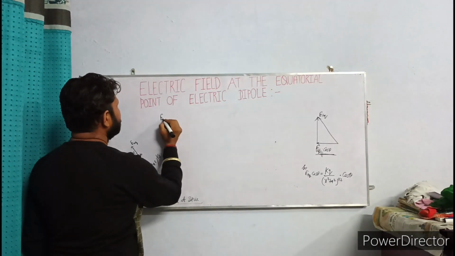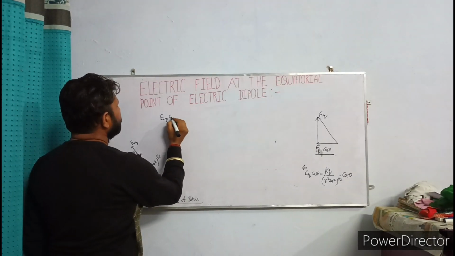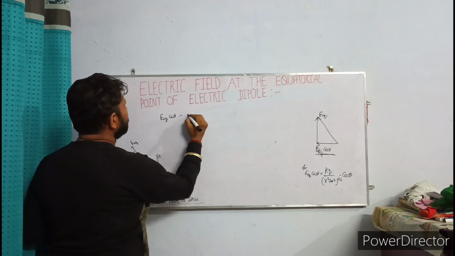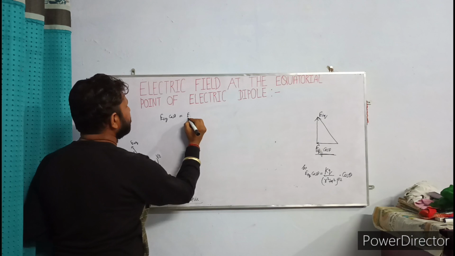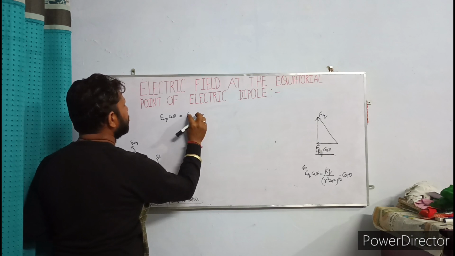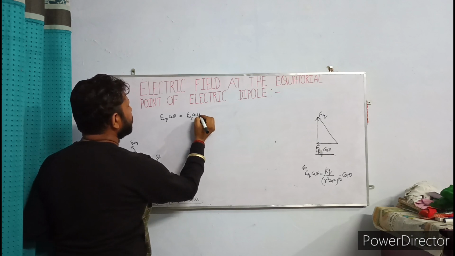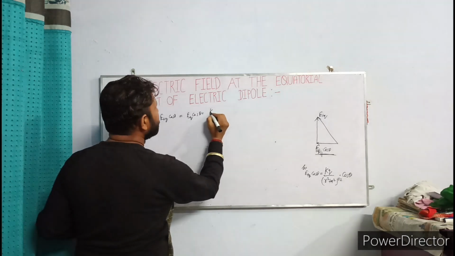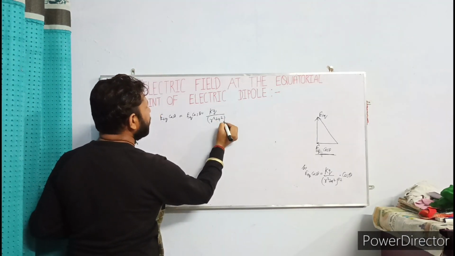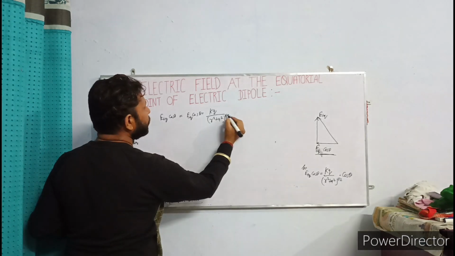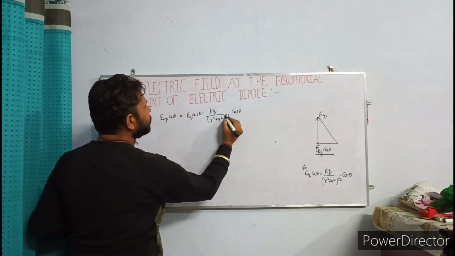So E plus Q cos theta equals E minus Q cos theta equals KQ upon (r square plus a square) power 1 by 2 cos theta.